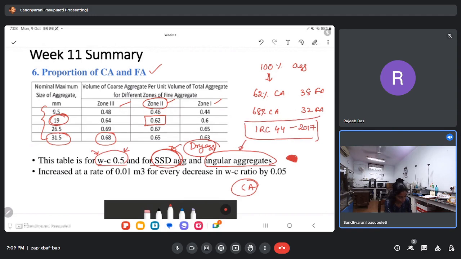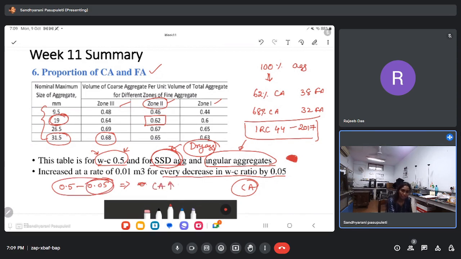Let us say, for example, for every decrease in the water cement ratio by 0.05, let us say 0.5 minus 0.05, that means the water to cement ratio is reducing by 0.05. That means your water is reducing. Then if the water is reducing, coarse aggregate should be increased.